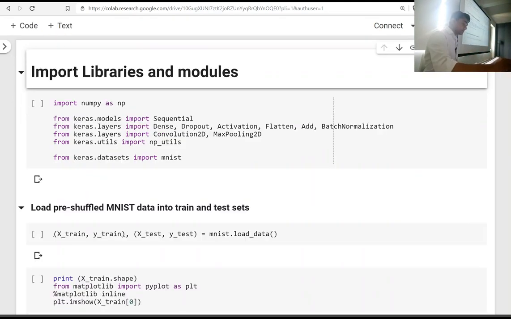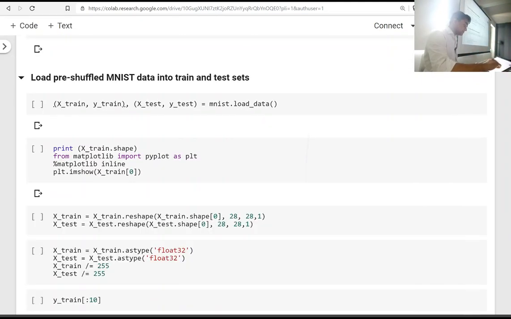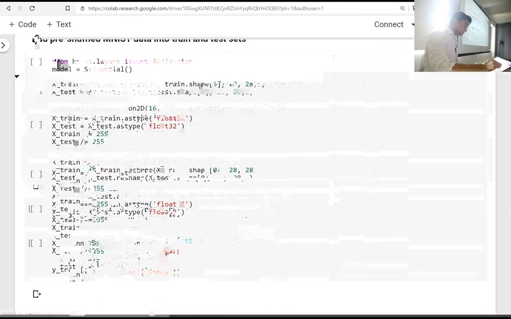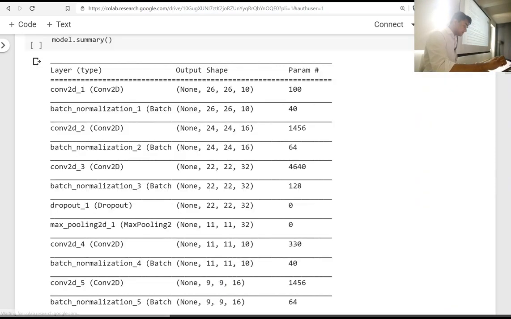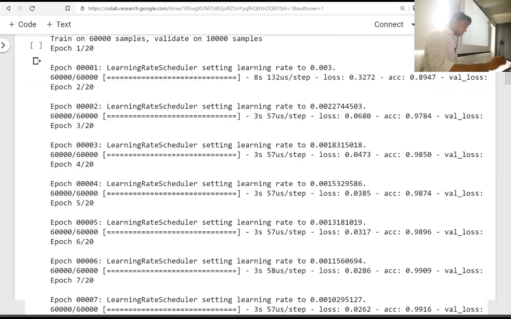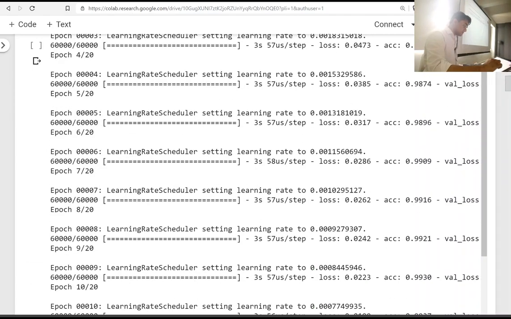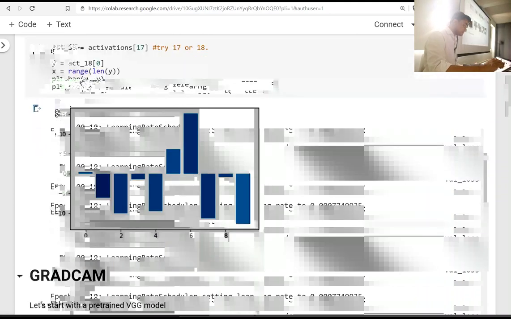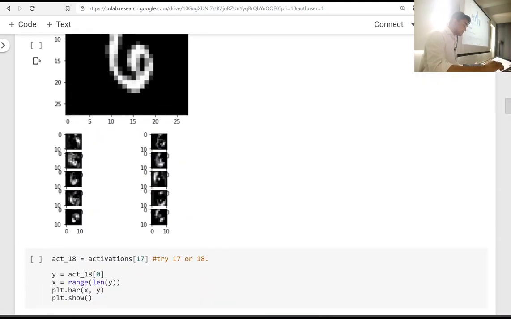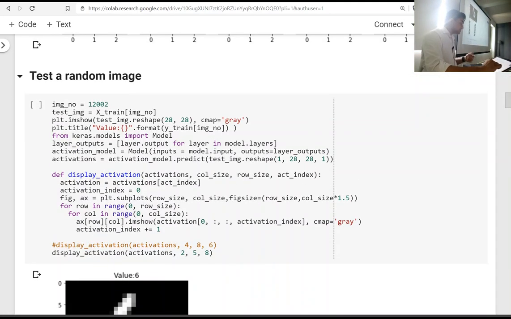Let's look at the code immediately. We have our initialization done. This is the code we are running, and this is the model we have. You have to train your model. Once you train your model, you're going to visualize this. This code is fine. Okay. So this particular file has many different codes.